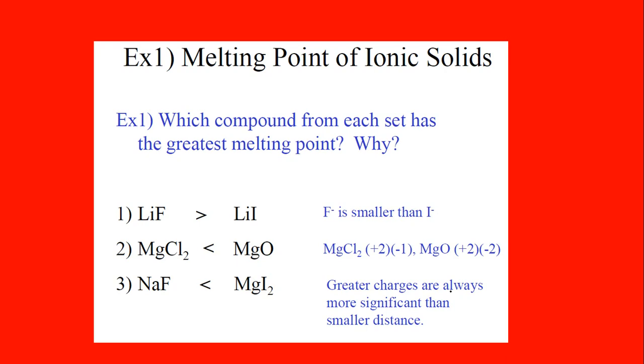So in this case, magnesium iodide has a greater melting point, even though the bond length may be a little bit larger. Remember, with the charges, magnesium is losing 2 electrons, so it's going to be connected twice, whereas a charge that only loses 1 electron is only connected once. So keep that in mind.